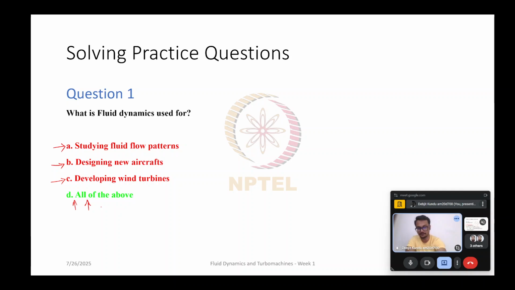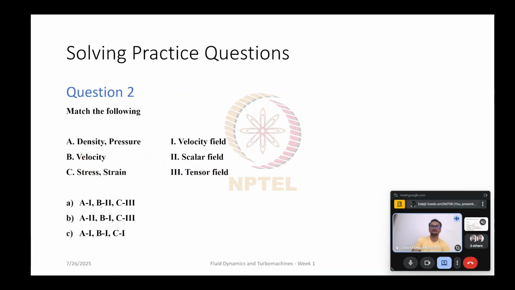We will move on to question number 2 of today's session. So it's a match the following type of question. As you can see, there are two columns. So the left column has different physical quantities over there. So option A is density and pressure, B is velocity, item C is stress and strain, and you have to match them with what kind of a field is it represented by mathematically.